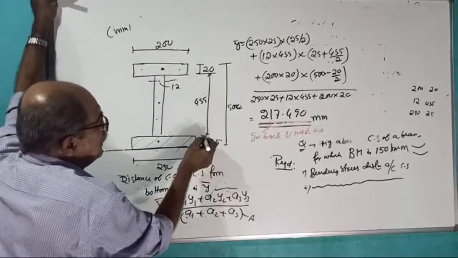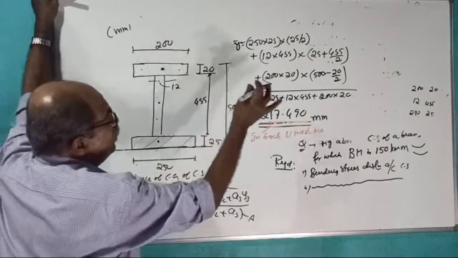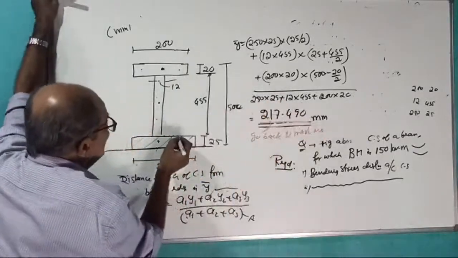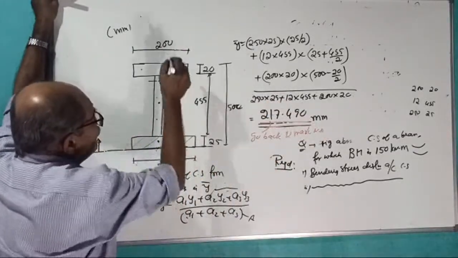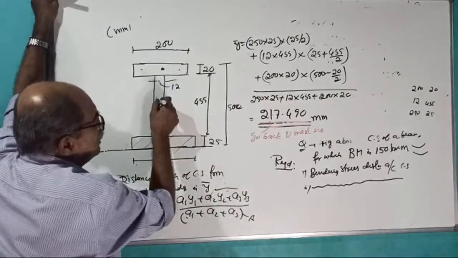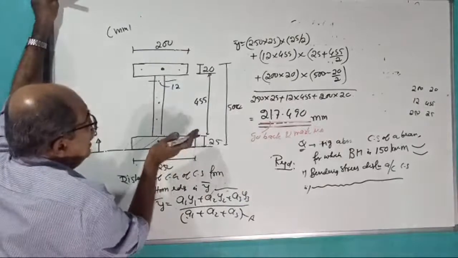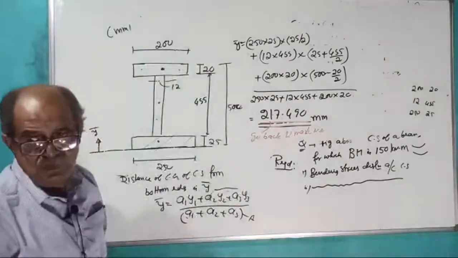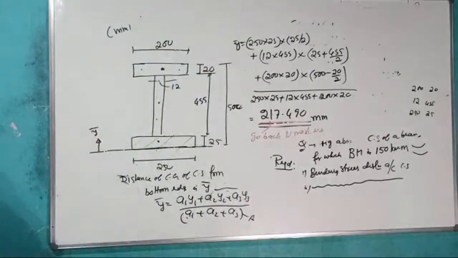If this is 25, from here you have to go to 217.49. Already 25. How much further do you have to go?